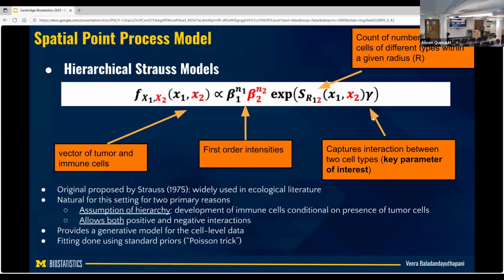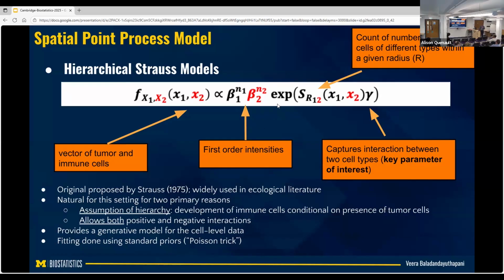The good thing is there are many point process models, but this one allows both positive and negative interaction. So there's bidirectionality: there can be repulsion and attraction together. It's a likelihood, a generative model for the data. Good or bad, that's a different thing, but at least it's a starting point. The fitting is actually really easy.